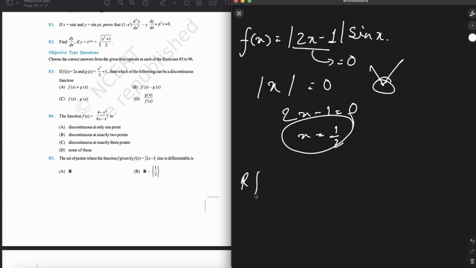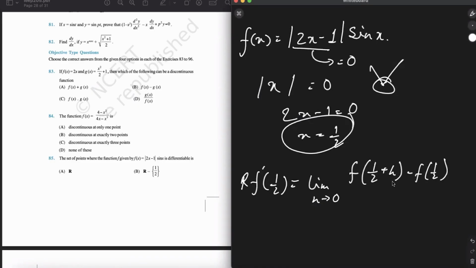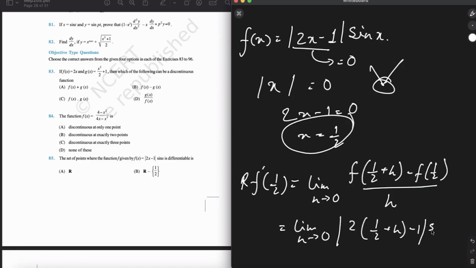So for the right hand derivative, f dash of half, I can write it as limit h tends to 0, f of half plus h minus f of half, whole divided by h. So limit h tends to 0, mod of 2 times half plus h minus 1, times sine of half plus h, and f of 1 by 2 will be equal to 0, whole divided by h.